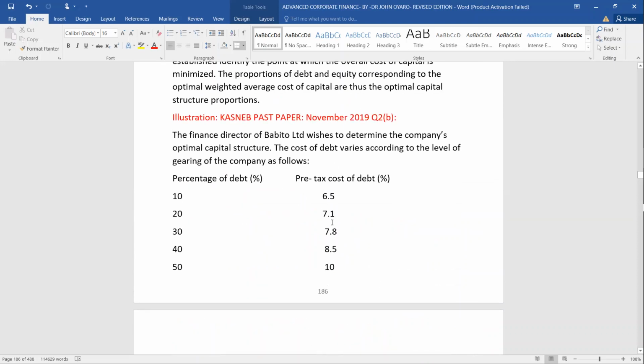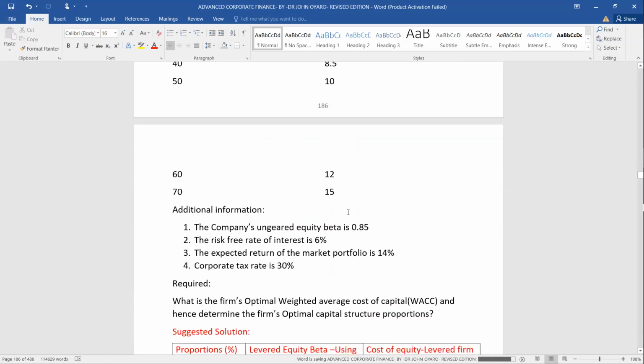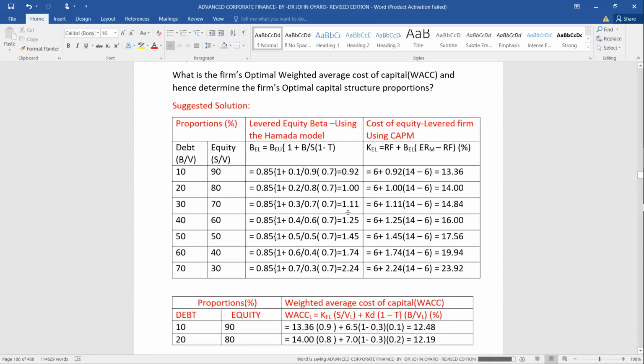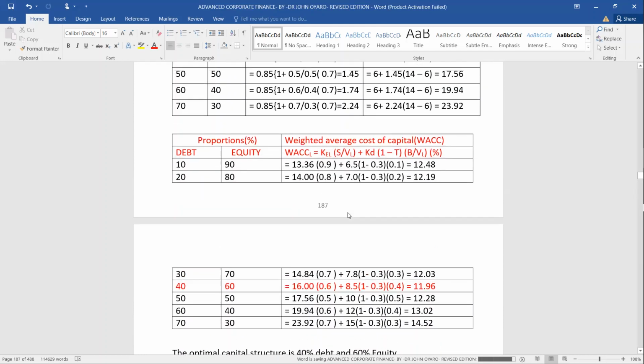Is it 7.1 or 7? Before tax cost of debt. What does the past paper say? 7.1. I worked it out using 7, so it should be 7.1.